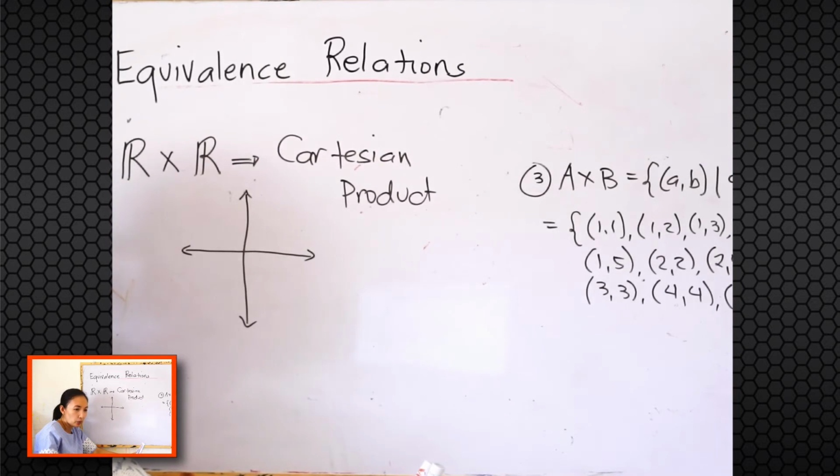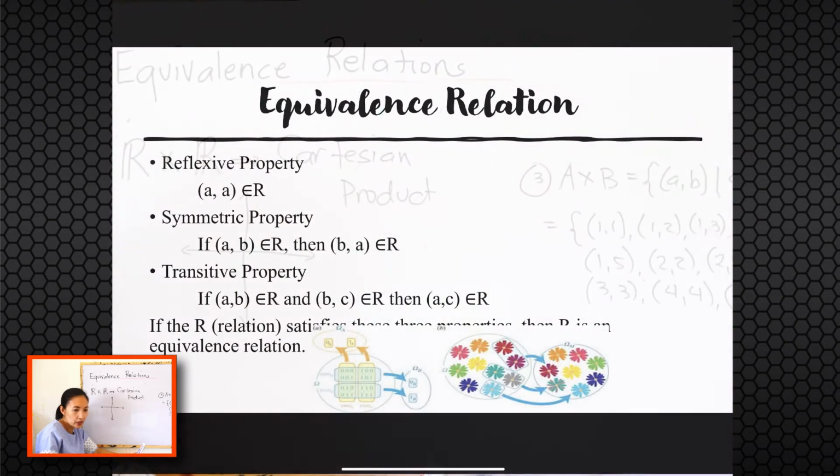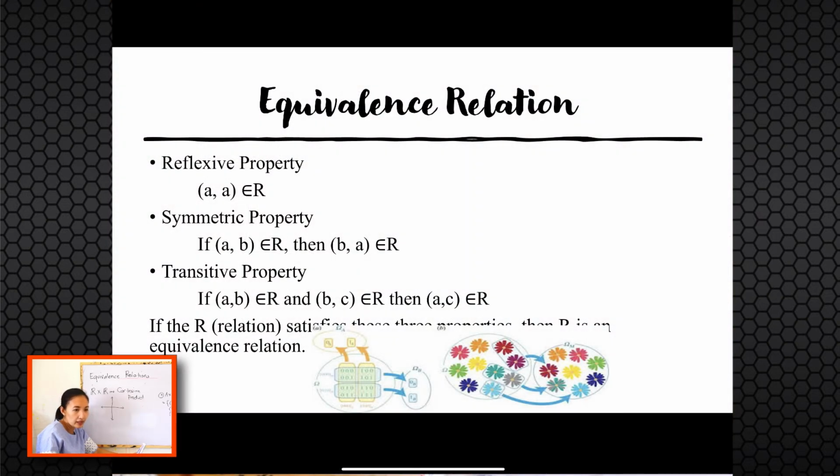Now, we move on to our goal for this afternoon, to define an equivalence relation. What do we mean by an equivalence relation? An equivalence relation is a relation that satisfies three properties.